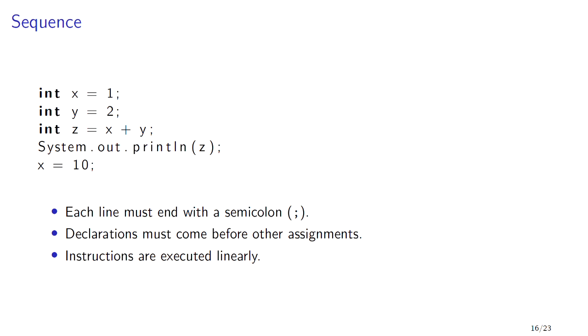So I say here int x equals 1, int y equals 2, int z equals x plus y is going to say x has the value 1, y has the value 2, add them together, store the result in z, which is 3. So I can say print line z, it gives me a 3, and then I can still keep using those variables, so I can assign a new value to x, which is 10, and just in ordered step.